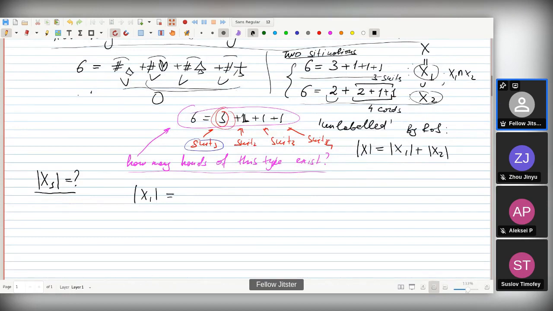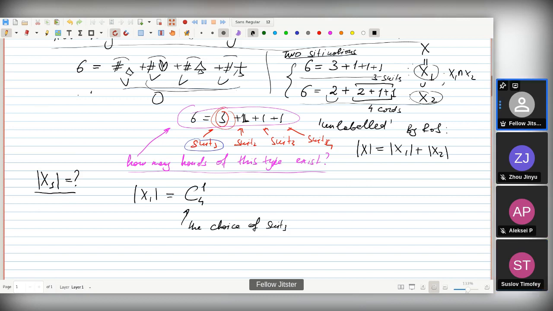How many ways are there to choose a suit with three cards? 4 ways for suits, as overall we have four suits. So this is for the choice of our suit 1. Do you agree? Yes.